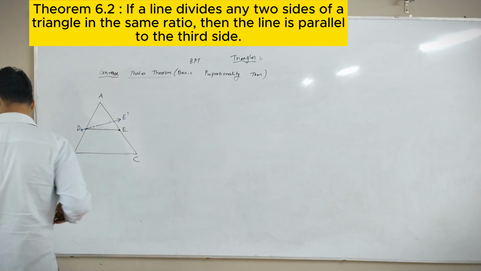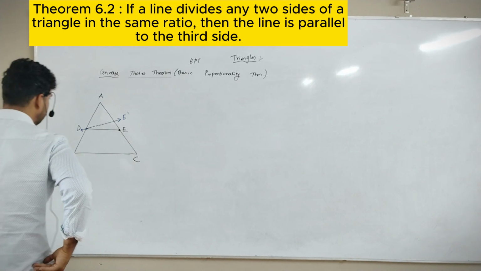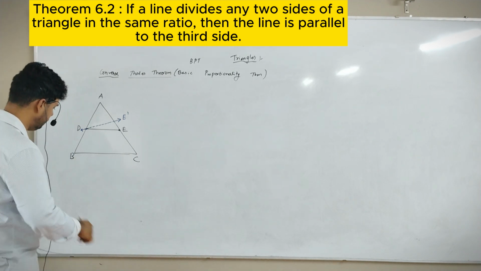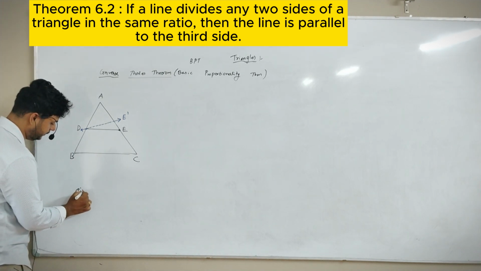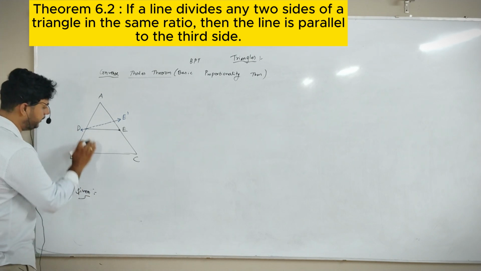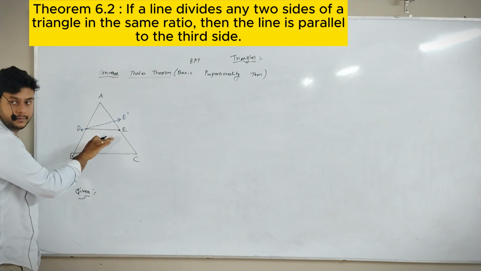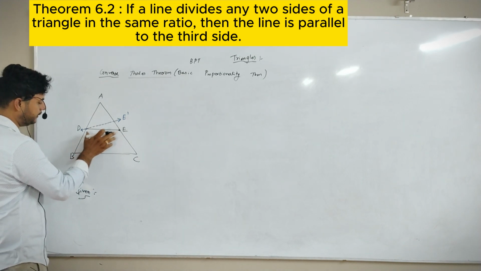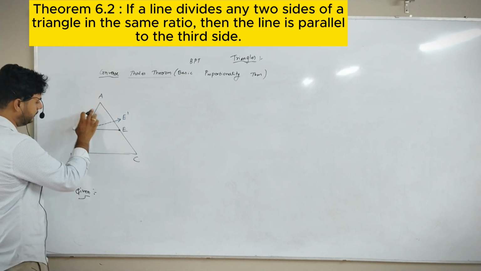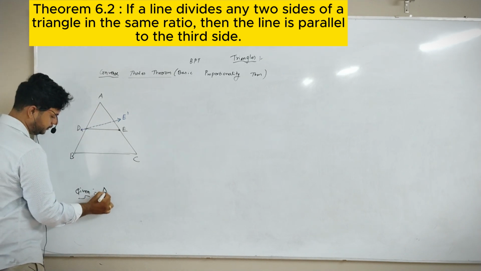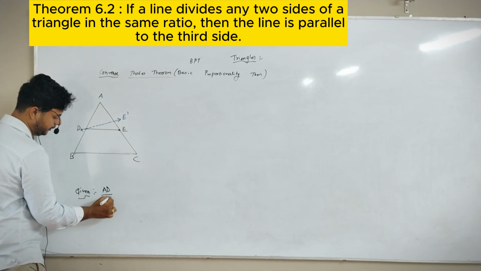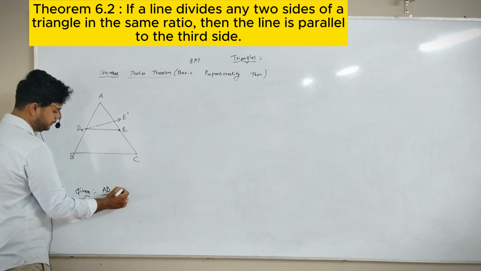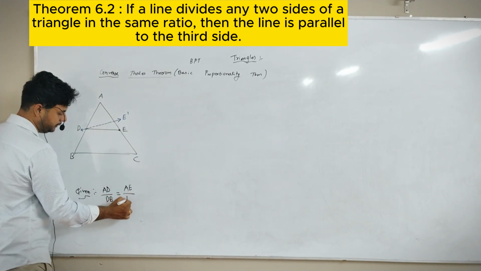If a line divides any two sides of a triangle in the same ratio, so given, let's consider DE is the line. This DE dash is the imaginary line, leave that. If DE is a line that is cutting this triangle, that means AD by DB will be equal to AE by EC.